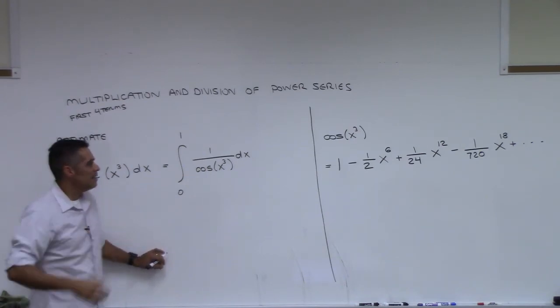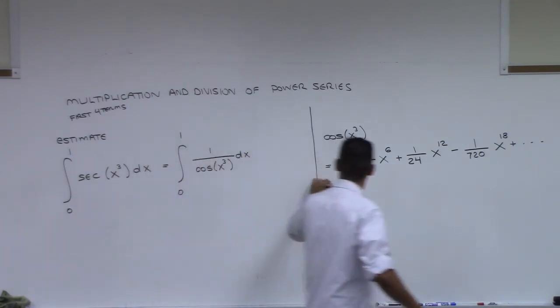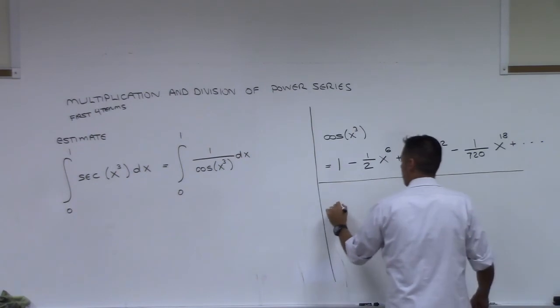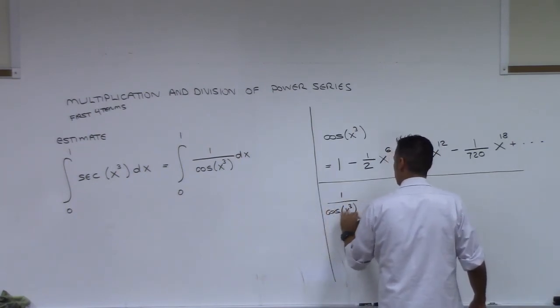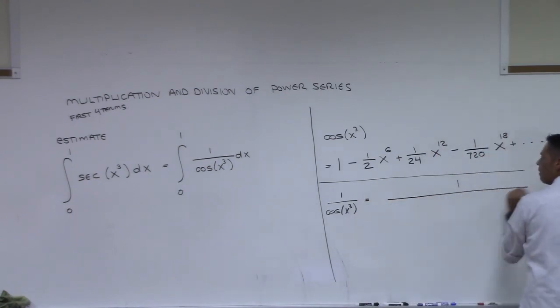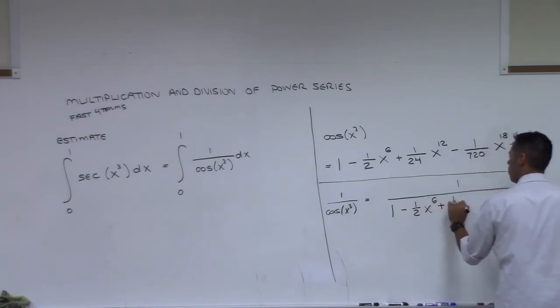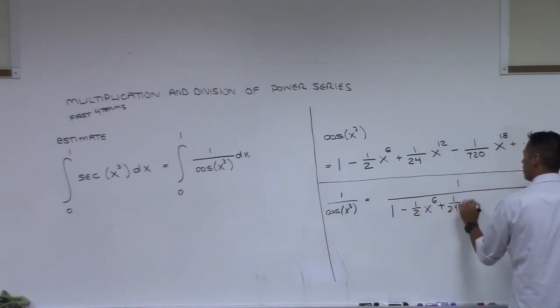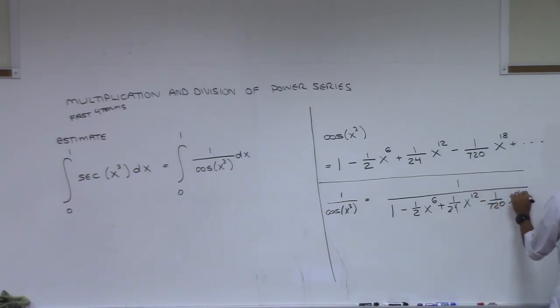What we have is 1 over cosine x cubed, according to us, is 1 over 1 minus 1/2 x to the 6th plus 1 over 24 x to the 12th minus 1 over 720 x to the 18th, plus dot, dot, dot.